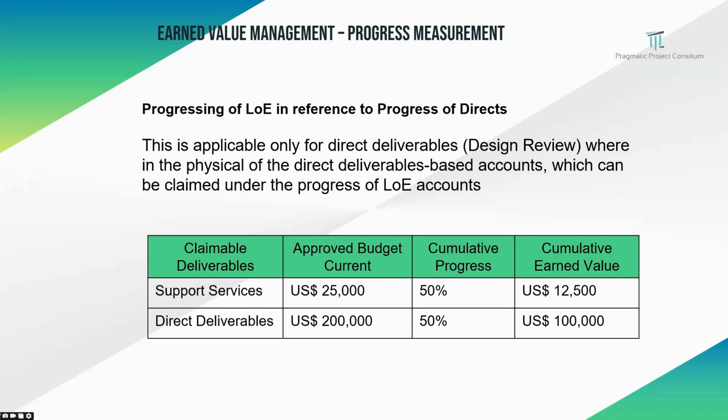These direct deliverables are supported with support services, and whenever you update the direct deliverables at 50%, it applies to support services also. Therefore the cumulative earned value for the support service is 50%, which is $12,500 from its original approved budget of 25K. And therefore, the total cumulative earned value as on date is 12,500 US dollars.